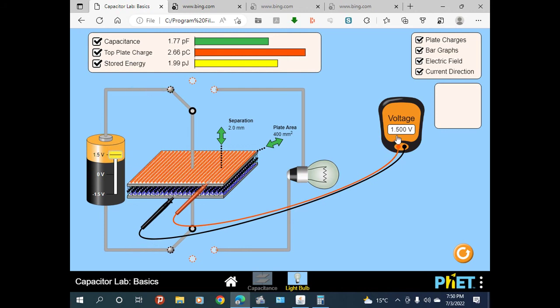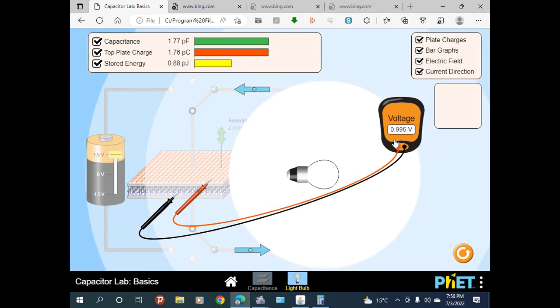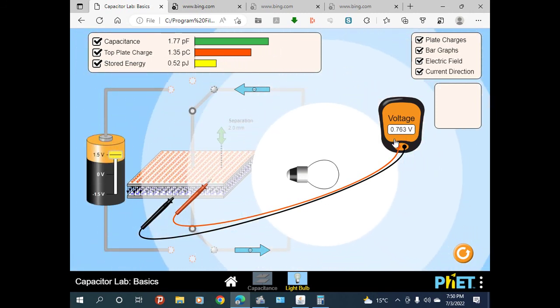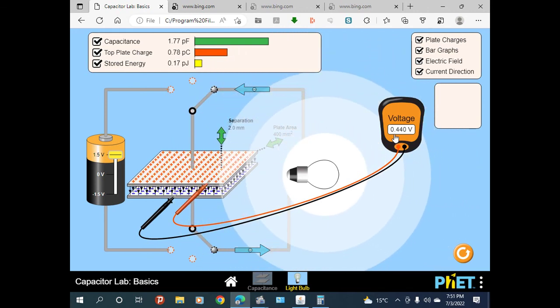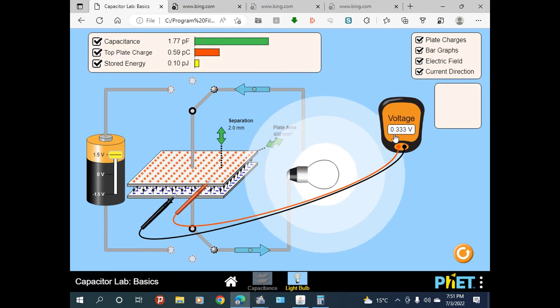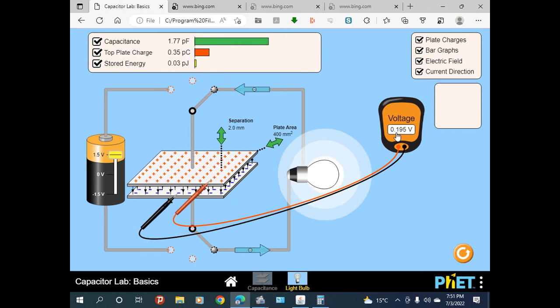The battery is 1.5 volt, and connecting to the resistance, the voltage is dropping from 1.5 volt to 0, or 0.0 volts. This is the capacitance, or the capacity of the capacitor.